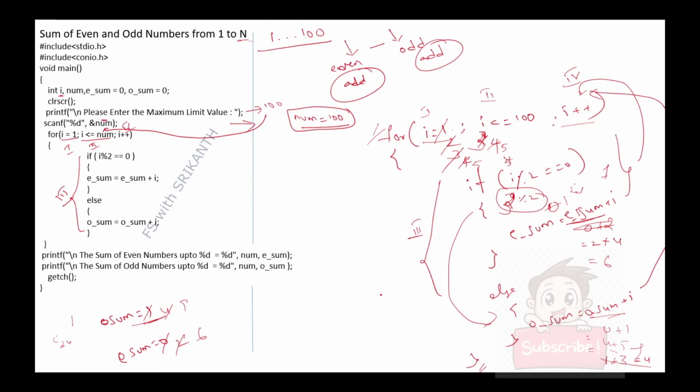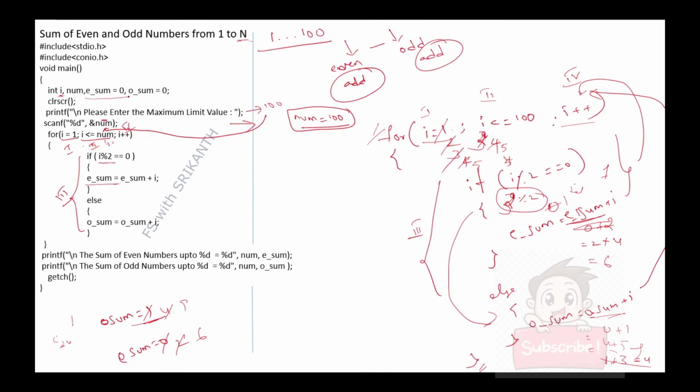In this way it does 100 times; 100 values it will check. You understood? First, the first part initializes the variable and the number value is 100, and it tests the condition i value 1 less than or equal to 100, condition true. So it tests the if condition first. If the condition is true, it does this one, the value is updated, the esum value is updated.